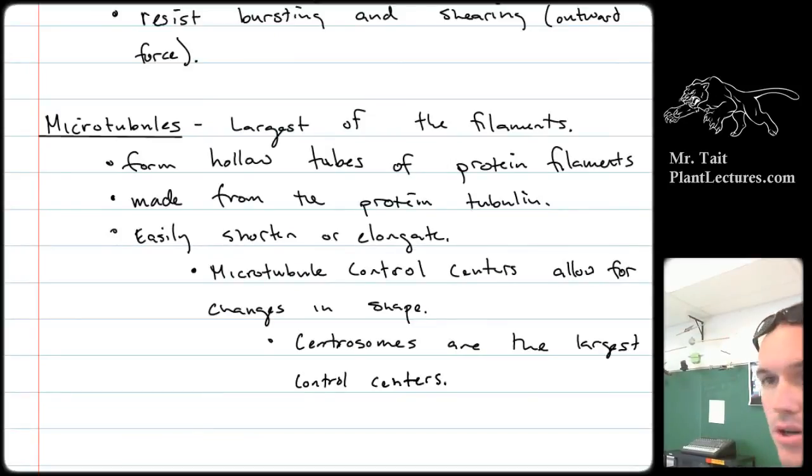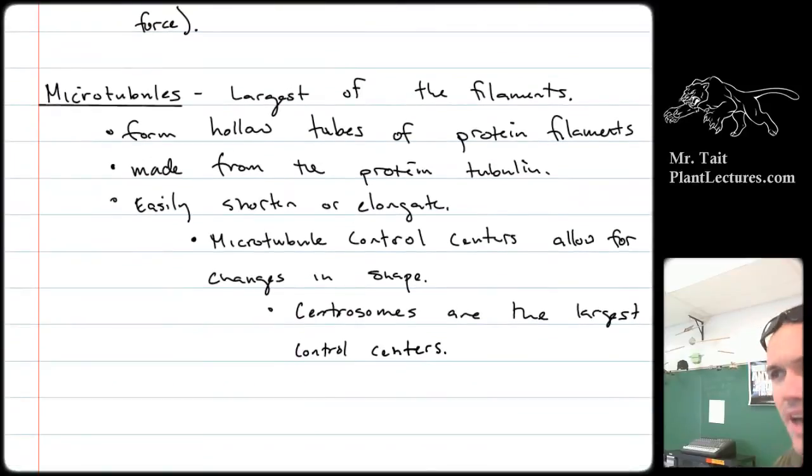Okay? And so not only can they easily shorten and elongate, but they work in the same way as the microfilaments do, and that is that they have a motor protein. There's actually a couple of motor proteins associated with them. We'll talk about that in a second, right? But that allows them to have a larger overall structure.